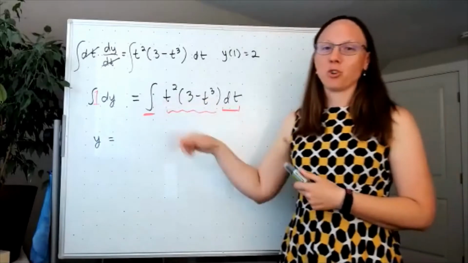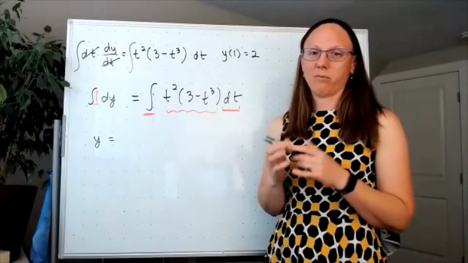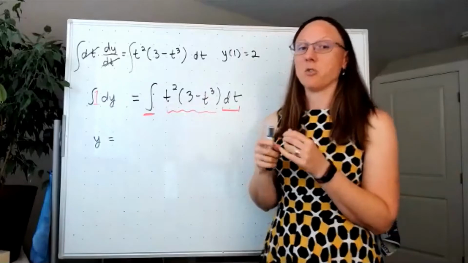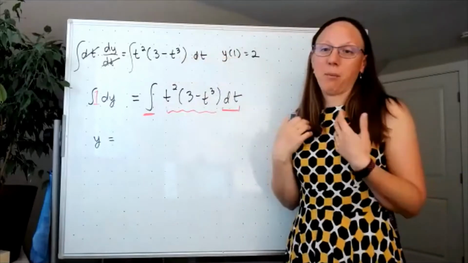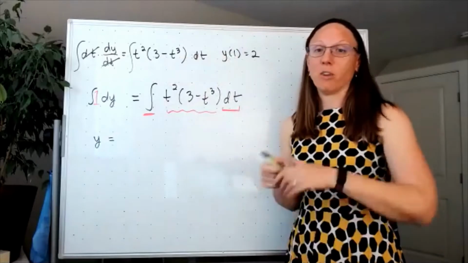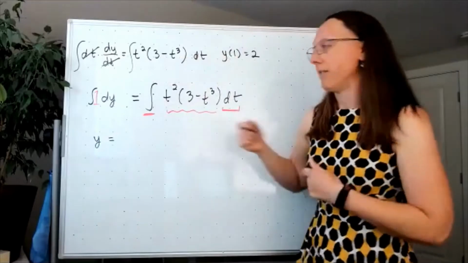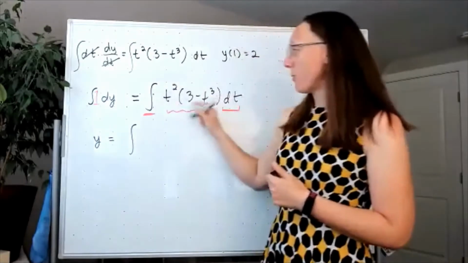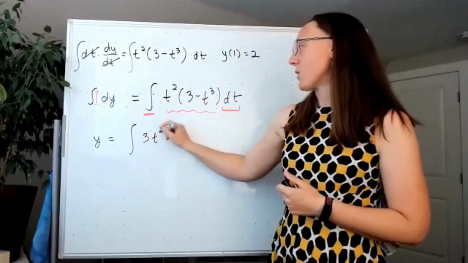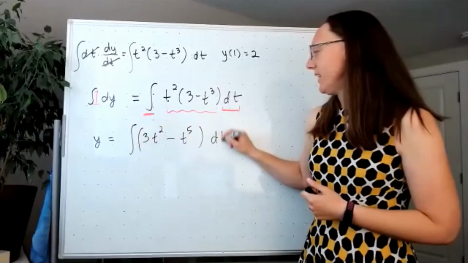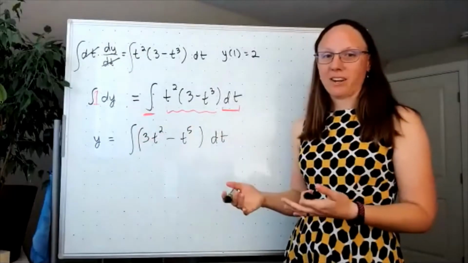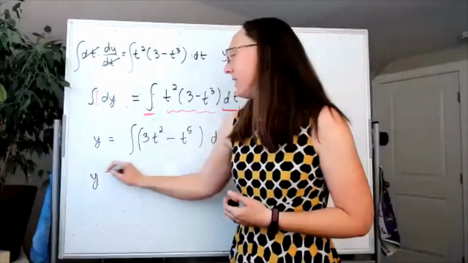Speaking of the right-hand side, we have two choices for how to evaluate this integral. We can either do this as a u substitution, or we can distribute the t squared out. I'm going to vote for distributing it out, but if you did a u sub, that's totally fine. When I distribute this through, I'll have 3t squared minus t to the 5th dt.